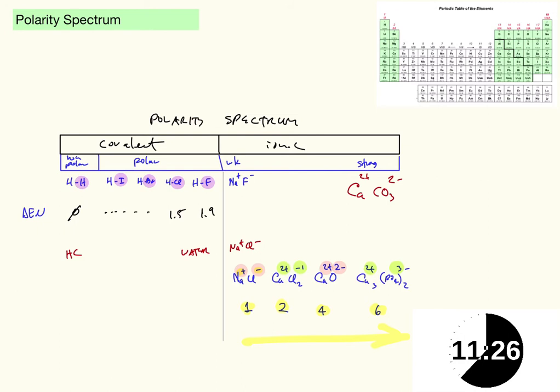So we've talked about how you go from nonpolar to weakly polar to strongly polar. I want to mention something about ionic materials. You can also have something that's weakly ionic or strongly ionic, and there's a good general rule of thumb to determine that. You just look at the charges of the ions and multiply them together.